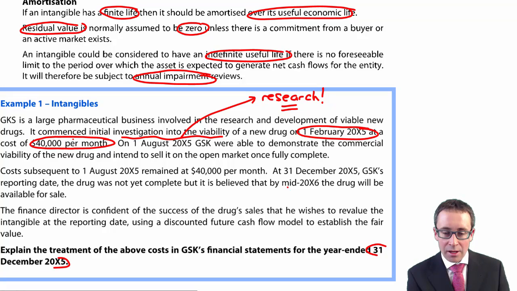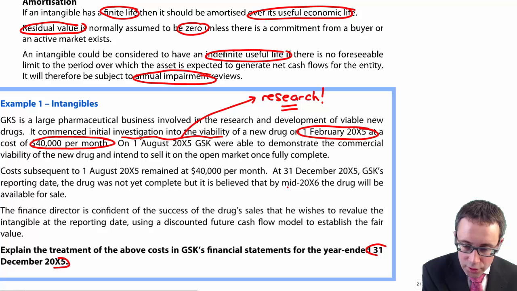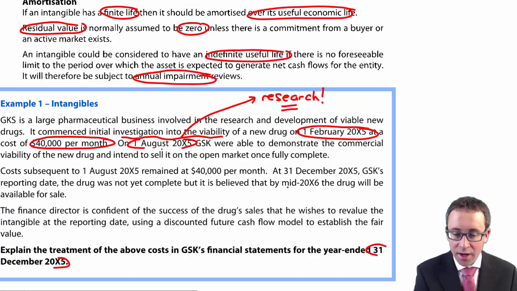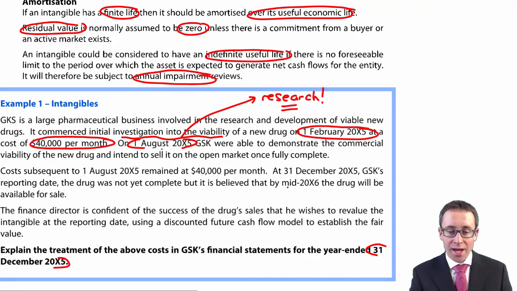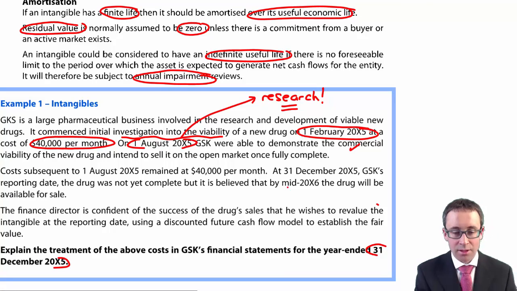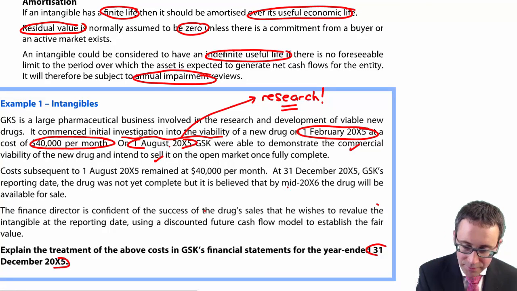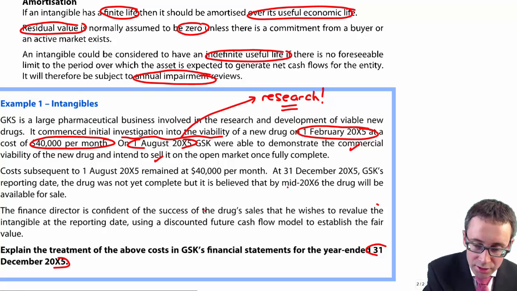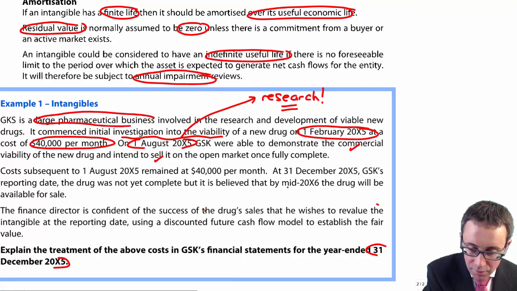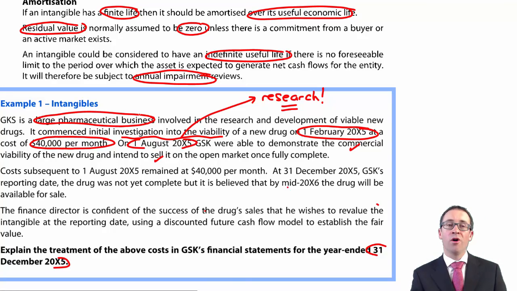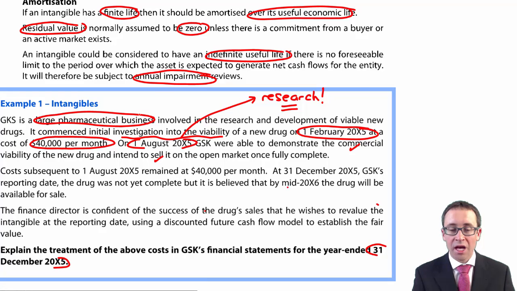Okay. On the 1st of August 20X5, GKS were able to demonstrate the commercial viability. Excellent. And intend to sell it. Okay. We are a large pharmaceutical business, so I would have thought we would have the resources. I would have thought we would have had the technical feasibility of this drug. Okay.